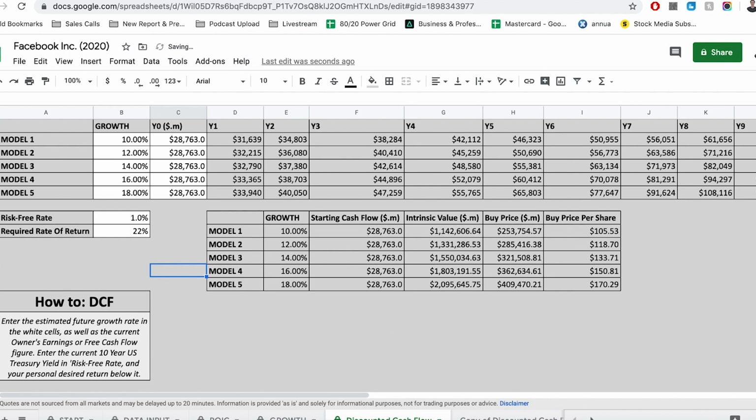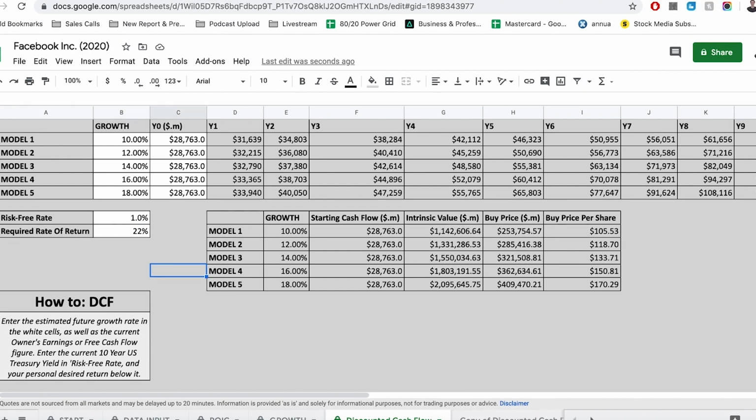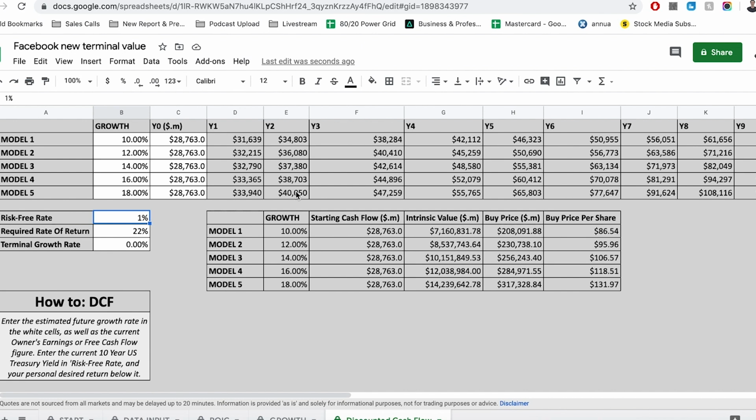That is basically representative of the fact that if you're just trying to make a 1% return, then the price that you're willing to pay for a stock like Facebook is basically infinite, because to make a 1% return on Facebook, you could probably pay pretty much any price, and there's a good chance that you will make 1% over the very long term. So I would pretty much be disregarding intrinsic value unless you're putting in a risk-free rate that's more in line with the historical average, so something more like 5 or 6%.